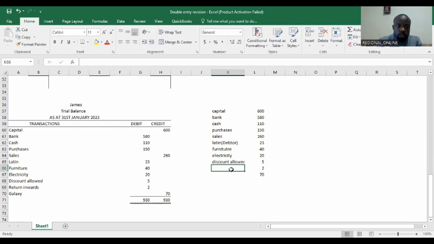Discount allowed, return inwards. Then Galaxy. And for Galaxy, they can tell you this is a creditor.